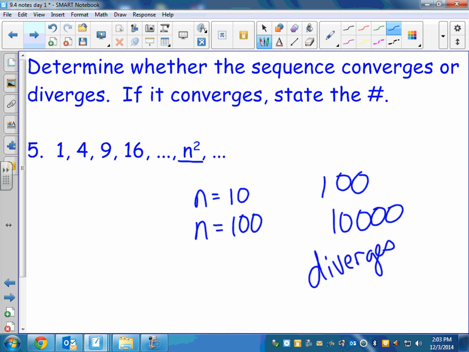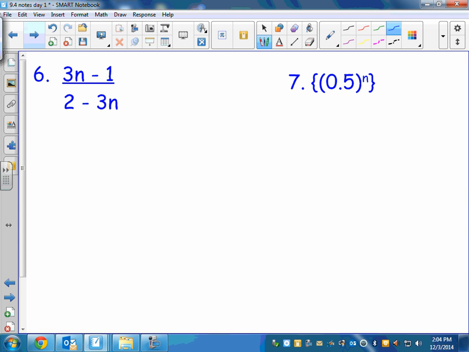Converges means it goes towards a specific number. So all you have to do to determine this today is pick numbers. Pick 10, 100, 1,000, see what's happening. What's an example? Oh, let's look. If this was your formula for your nth term of your sequence, what if I picked 10 for this?